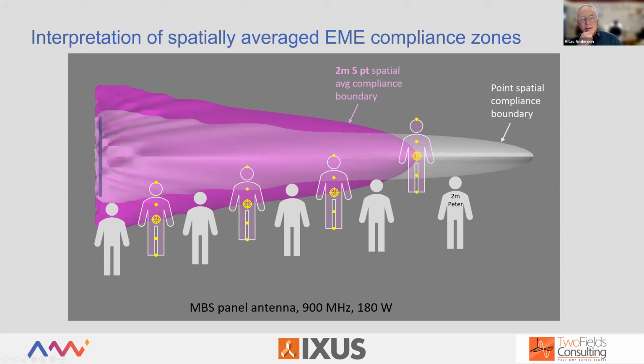So when you do spatial average compliance assessments, the compliance boundary is going to shrink in every direction, not just in the lateral directions, forward and back and left and right, but also in the vertical direction, if you take this interpretation of spatial average compliance.